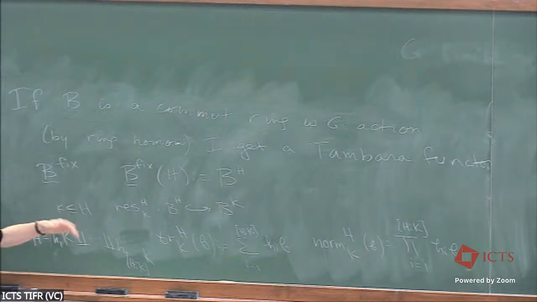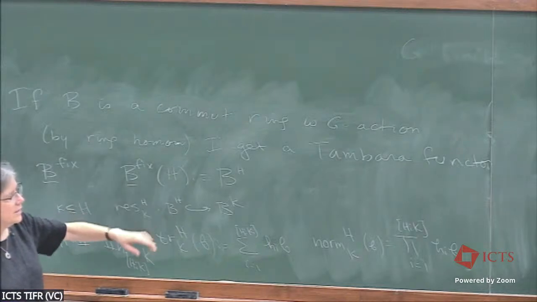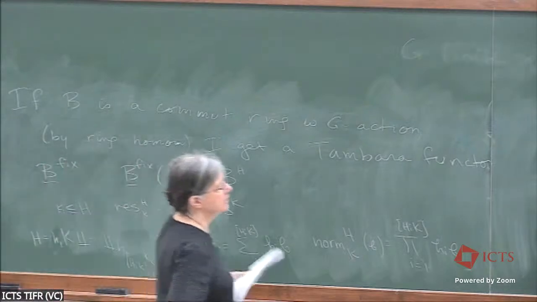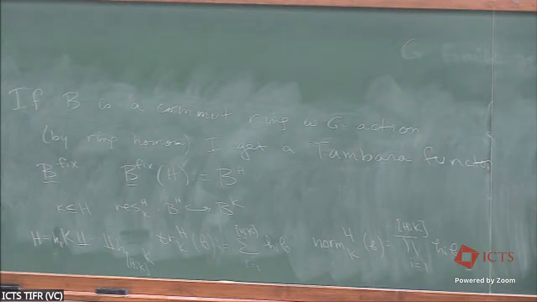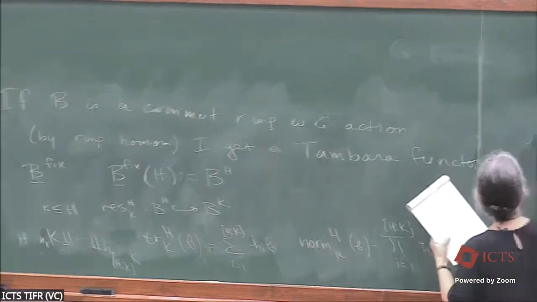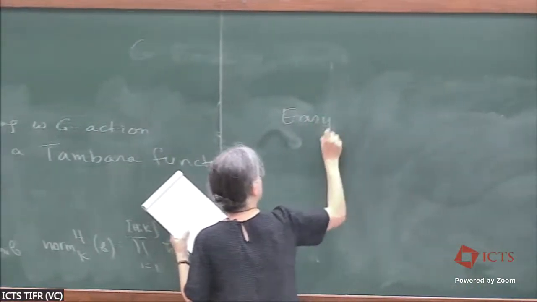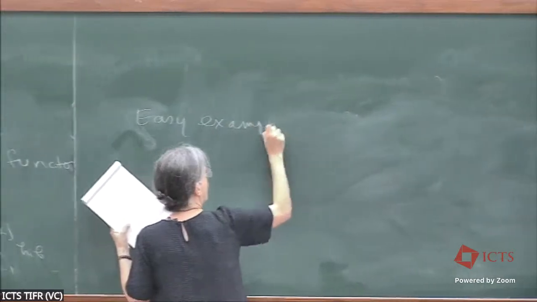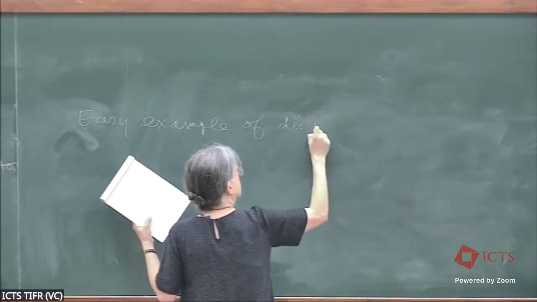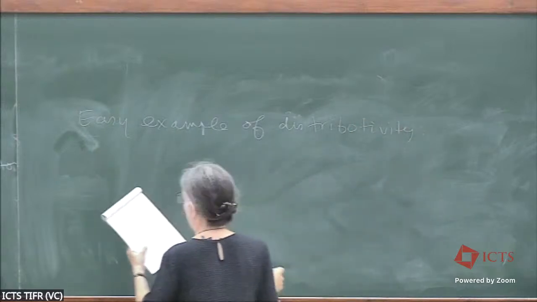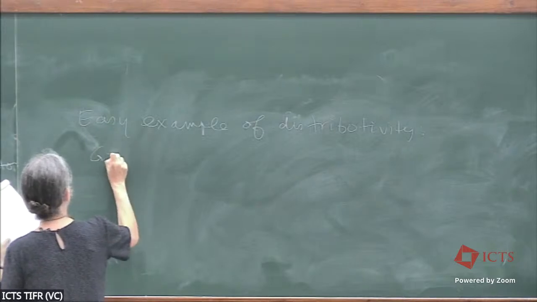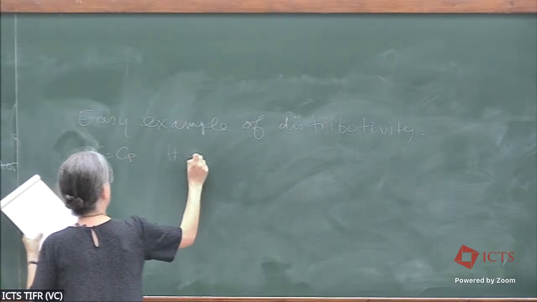And you can check that all this works, and you can begin seeing what kind of distributivity you're going to get. So I'm going to talk about distributivity only in the easiest case. Easy example of this distributivity: I'm going to take G equals C_p and H equals e.